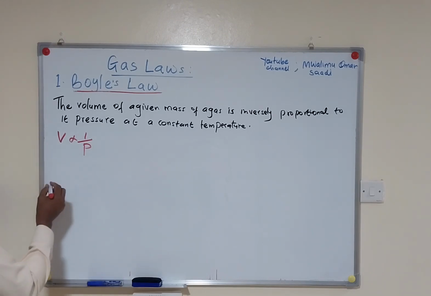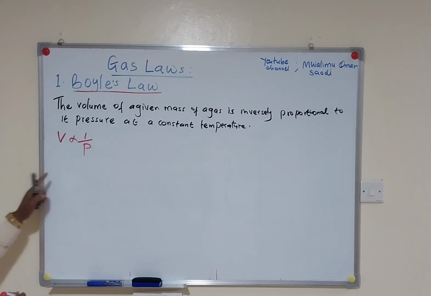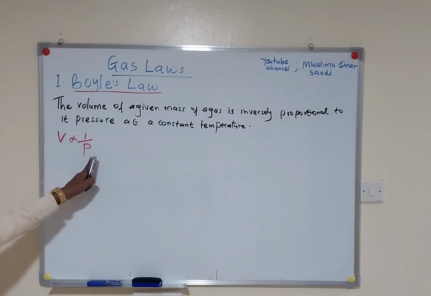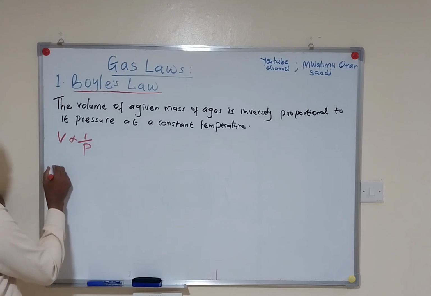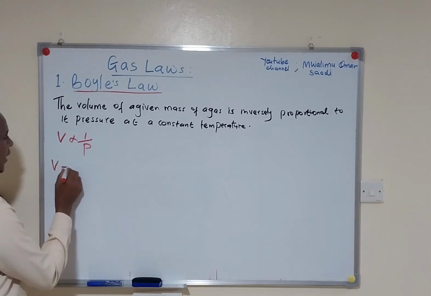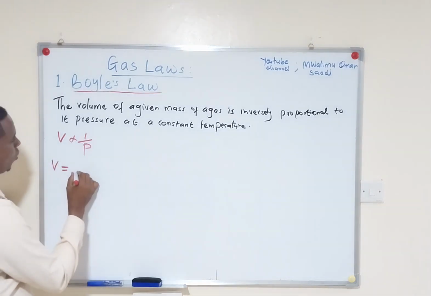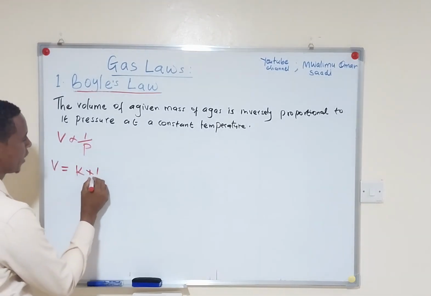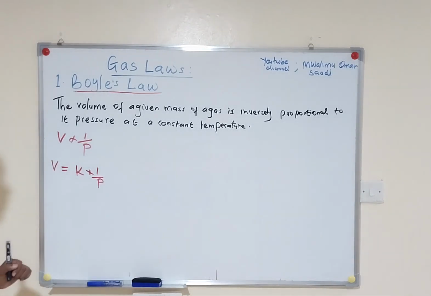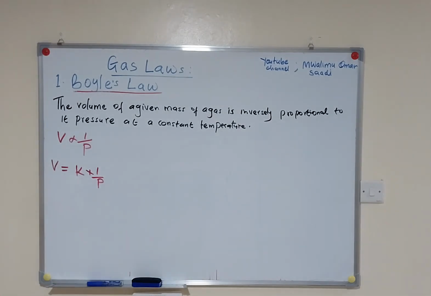So that means now if we express volume being inversely proportional to pressure mathematically, this becomes volume V is equal to K, a constant. So we introduce the constant K times 1 over P, that is pressure.